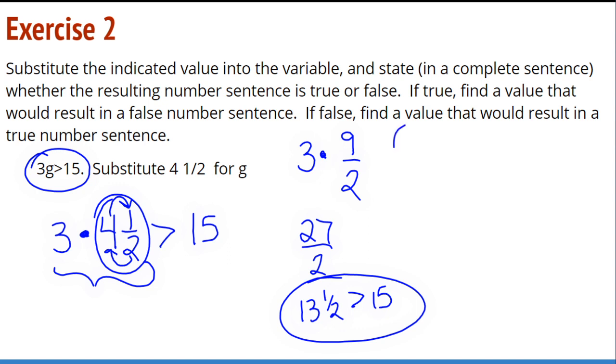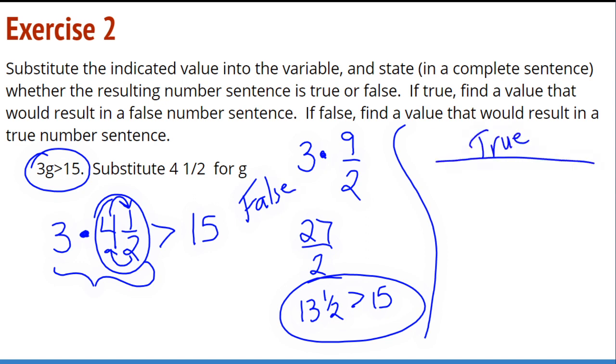Now I'm supposed to find a situation where this would be true. So over here is the false side, and now I need to find a value for g that would make it true. 3 times g is a number that is greater than 15.